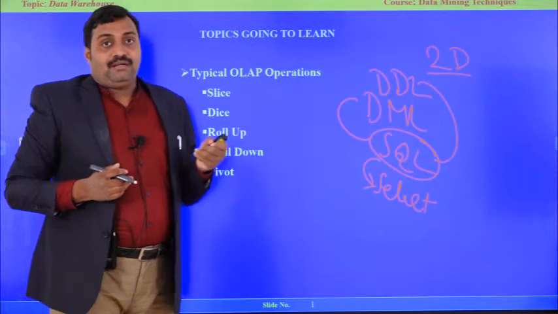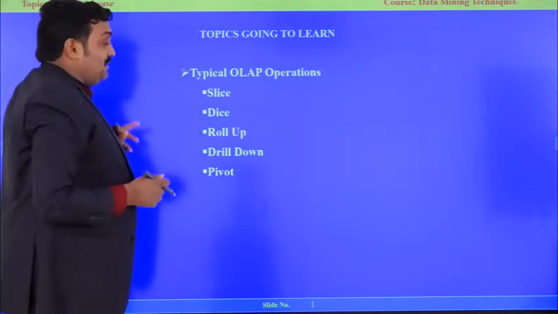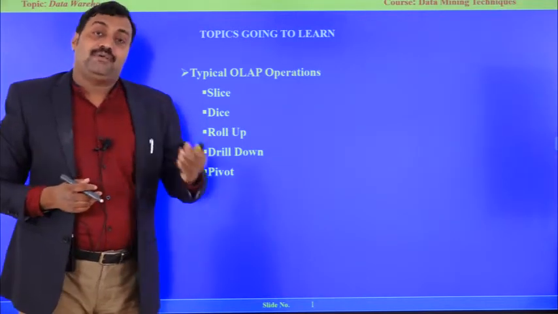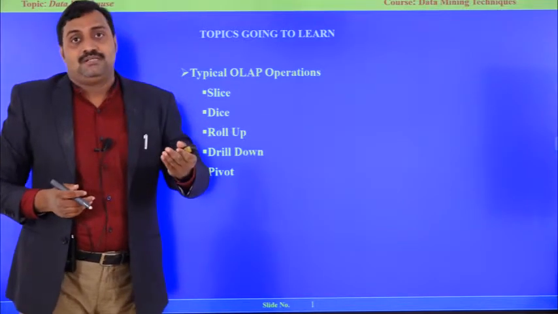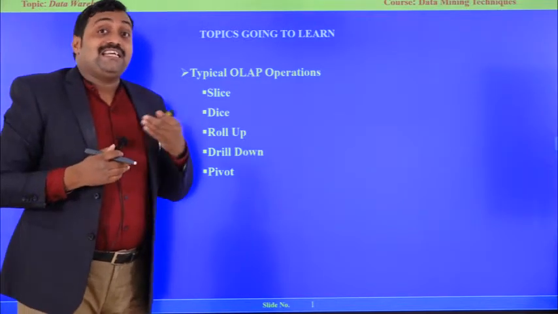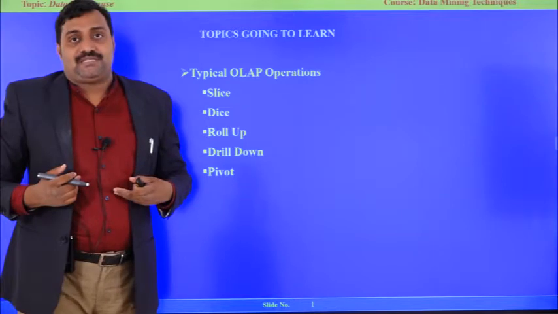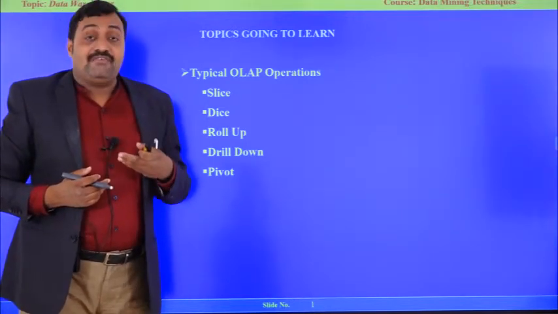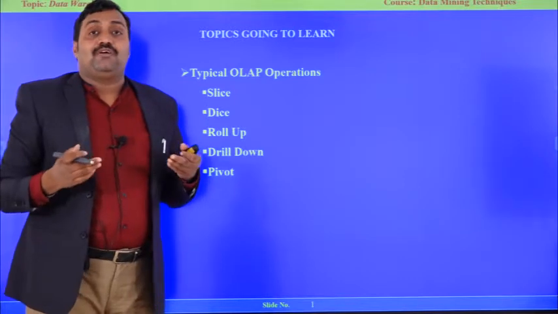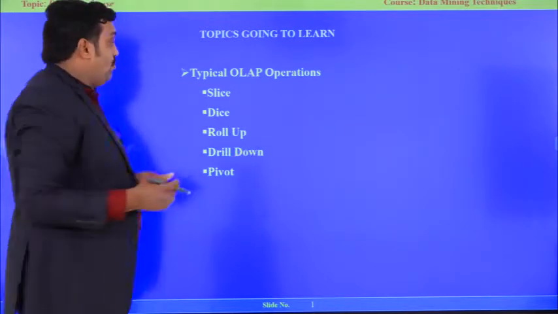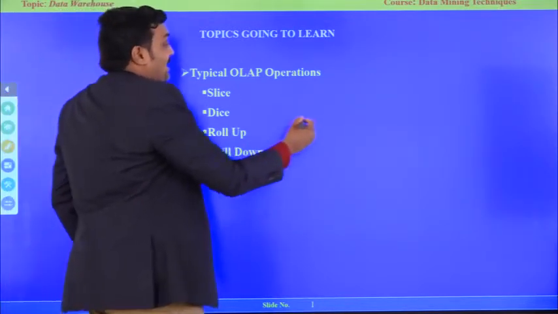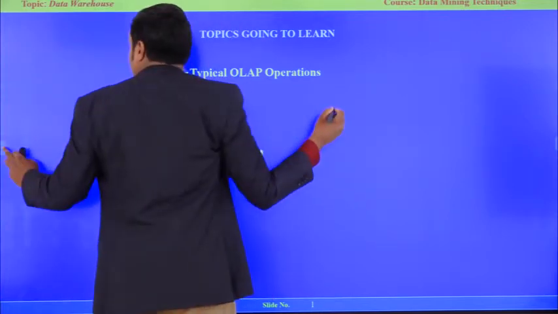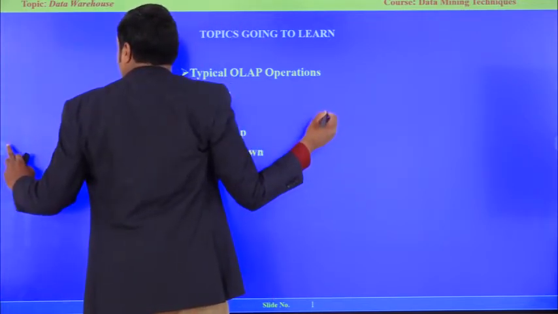But multidimensional data means a minimum of 3 dimensions, or more than that. It's not as easy as SQL statements. We have separate operations, as we already discussed the difference between OLAP and OLTP. OLAP is online analytical processing, which we discussed in a previous session.